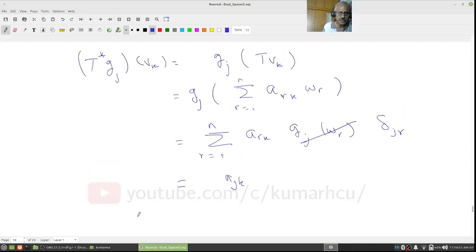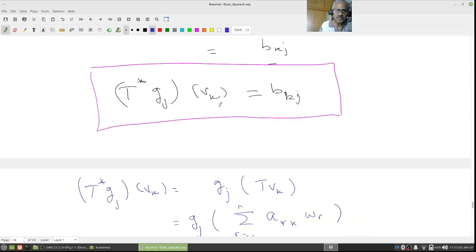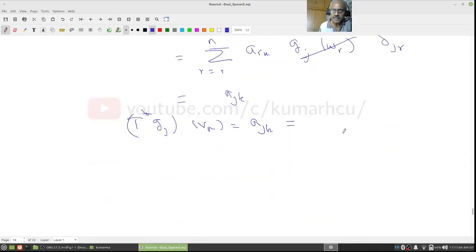So I have found out T star of Gj acting on Vk is Ajk, but that also we know T star of Gj acting on Vk is Bkj. Therefore, B equals Bkj, with Bkj equal to Ajk.